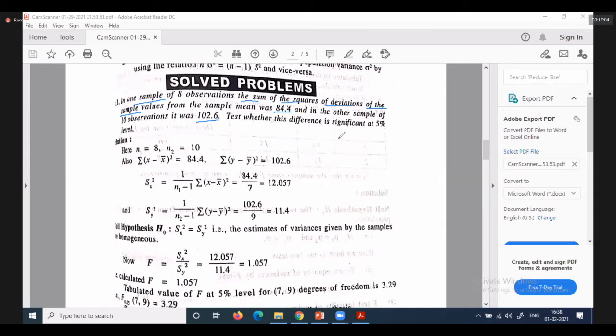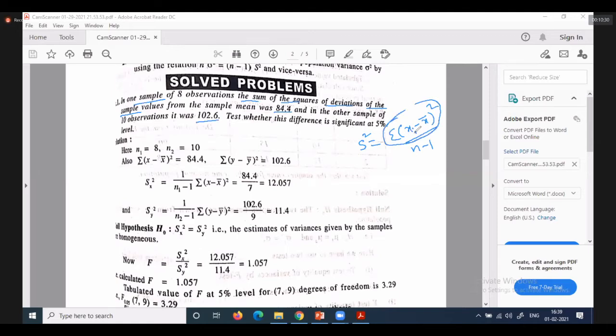Here, one more point we have to observe. We know that for small samples, the variance formula S square is equal to summation xi minus x bar whole square by n minus 1. All of you see the numerator part.